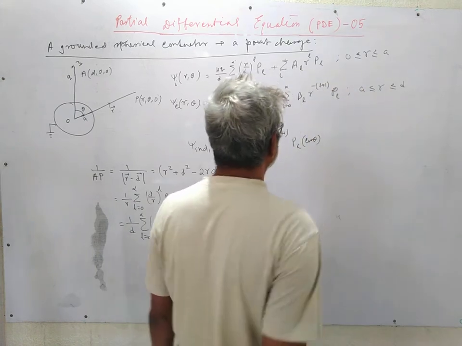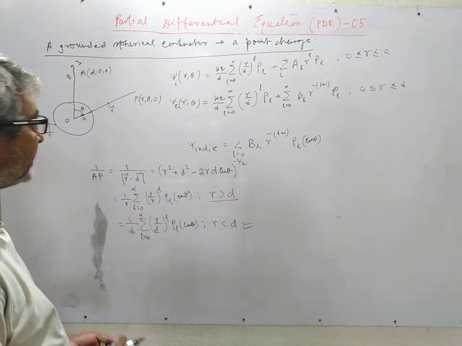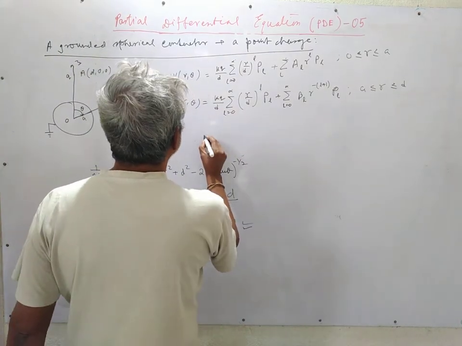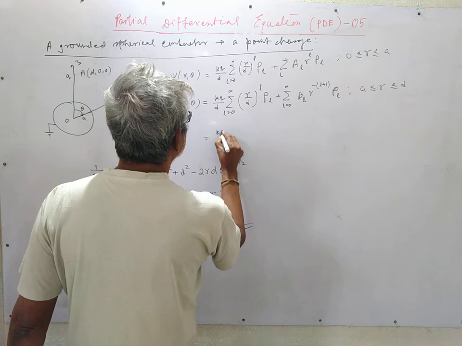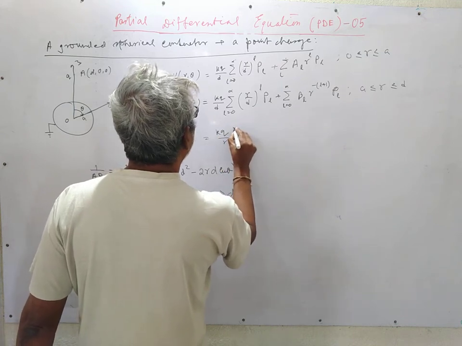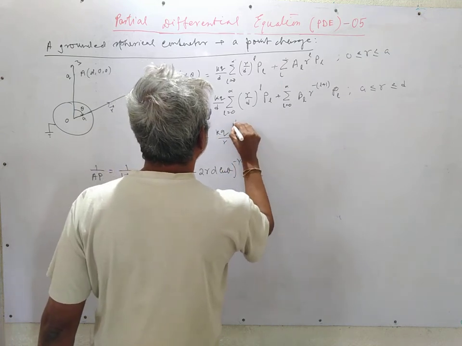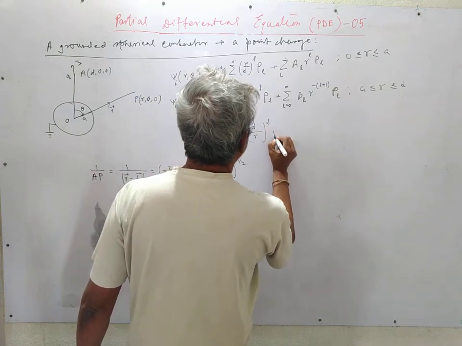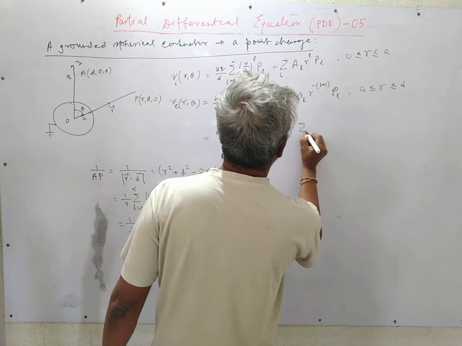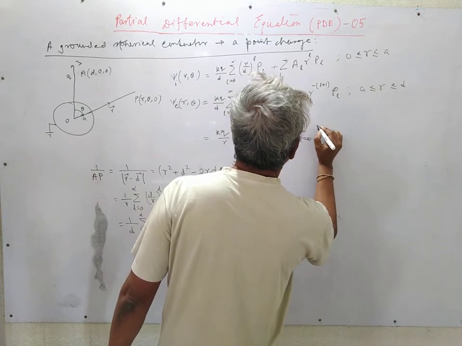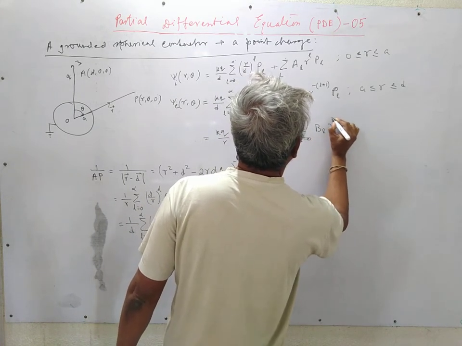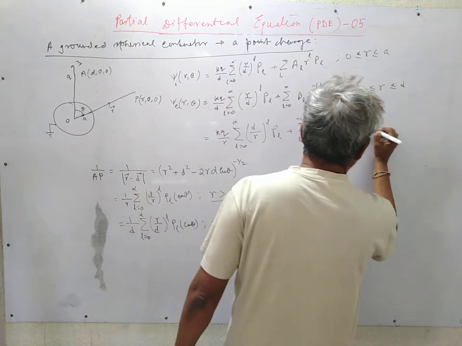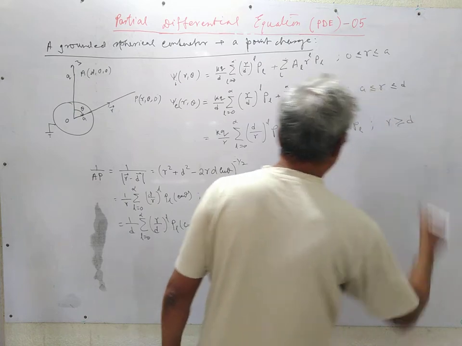This is the external region, but r is less than or equal to d, and the potential is KQ by R summation L equal to 0 to infinity (d by r) to the power L PL plus summation over L equal to 0 to infinity BL r to the power minus (L plus 1) PL cos theta. This is for r greater than or equal to d.